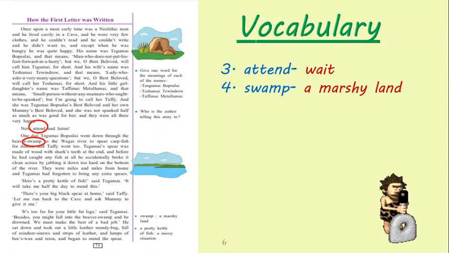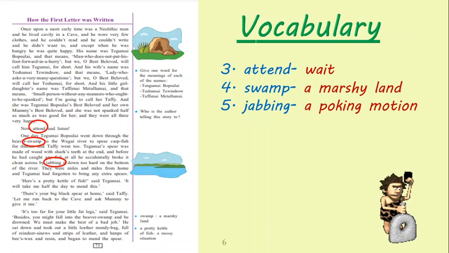Yes, Tegumai's spear was made of wood with shark's teeth at the end. How did Tegumai break his spear? Yes, you are correct. Tegumai broke his spear by jabbing it down too hard on the bottom of the river. Students, look for a word that means poking motion. Yes, the word jabbing means a poking motion.